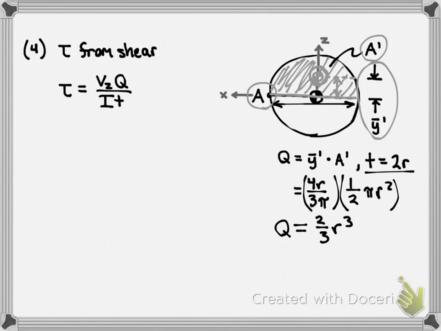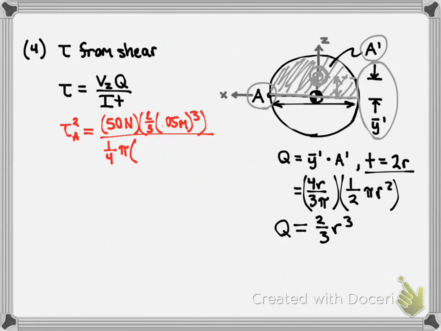So we'll start plugging everything in now. Our shear at point A, and this is the second component, is equal to Vz, which we said earlier was 50 newtons, times Q, which is 2/3 times r, 0.05 meters, cubed, all divided by the moment of inertia of the entire cross-section, 1/4 pi r to the fourth, times our thickness, which is 2r, or the diameter, which happens to be 0.10 meters.